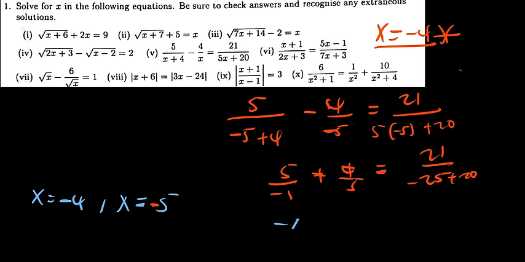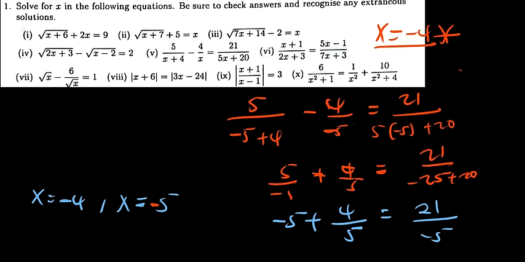It's okay if you can write it like that way. Negative 5 plus 4 over 5 is equal to, this will be 21 divided by what? It will be 21 divided by, down here is going to be negative 5, like that.